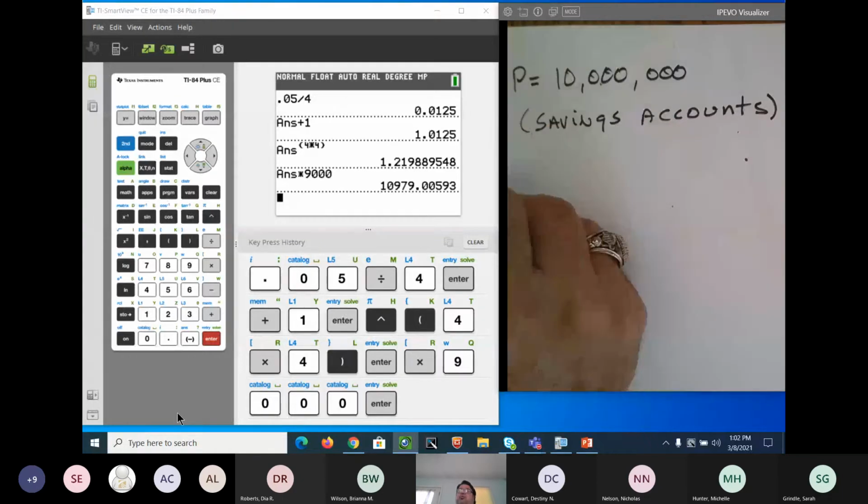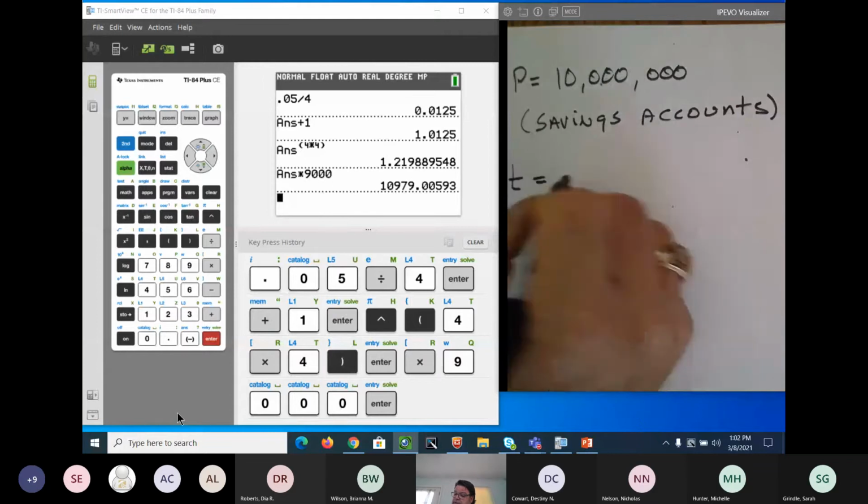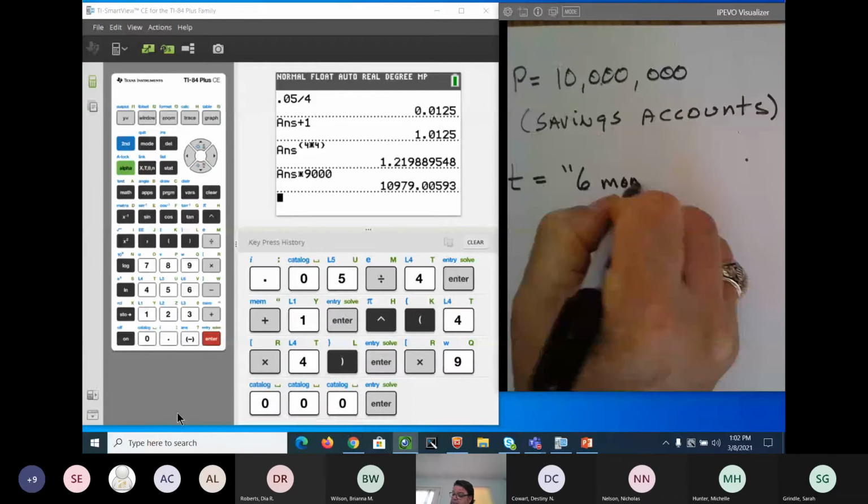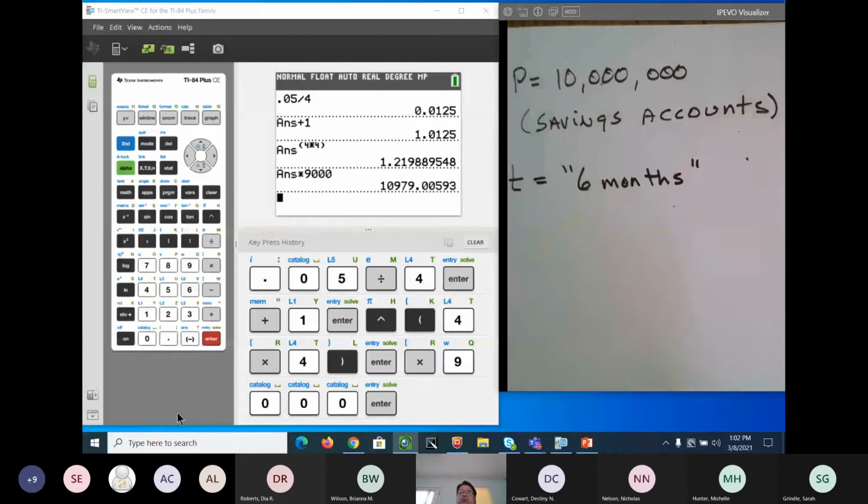And let's say that you just want to leave it in there for 6 months. So T is equal to, I'm going to put 6 months in quotation marks. Because you got to get an appointment with a financial lawyer and or an accountant, and you got to figure out what you're going to do with all this money.